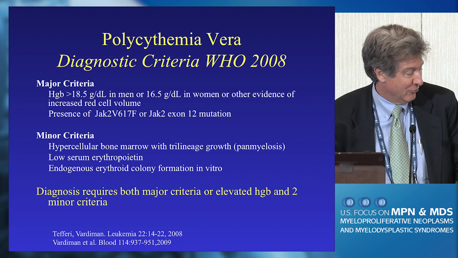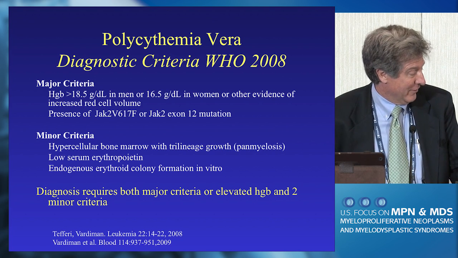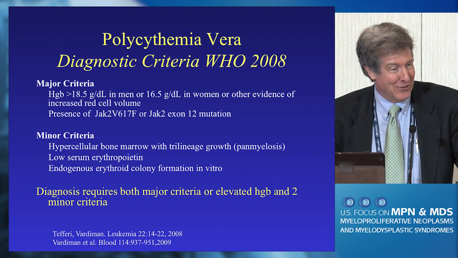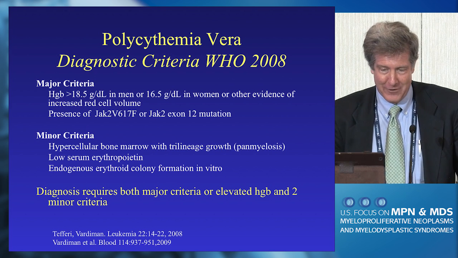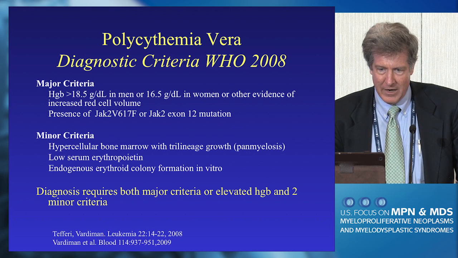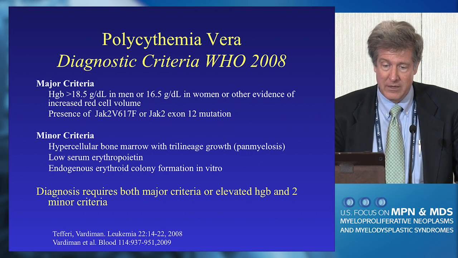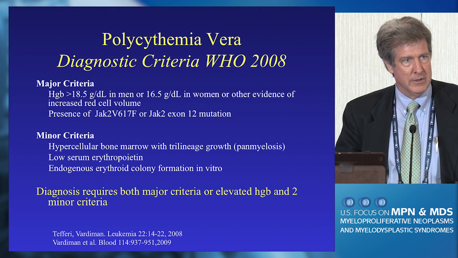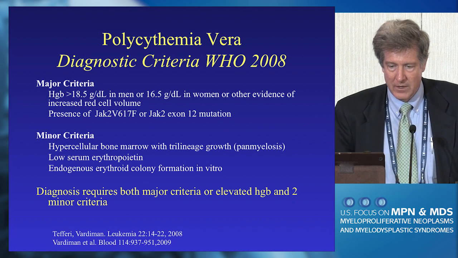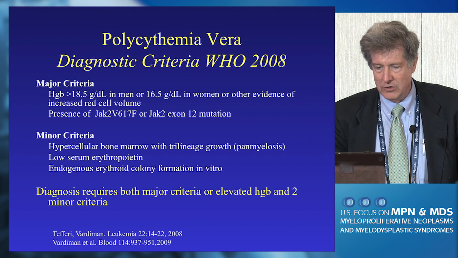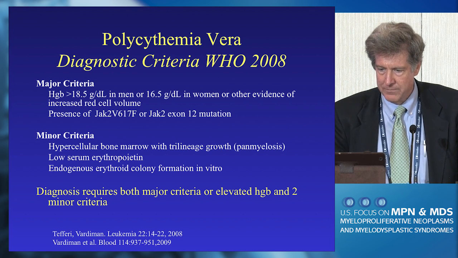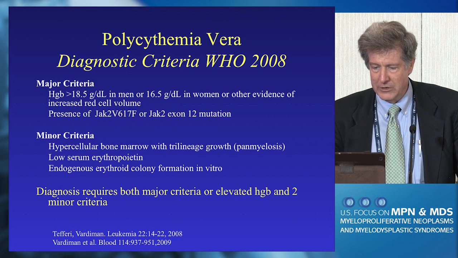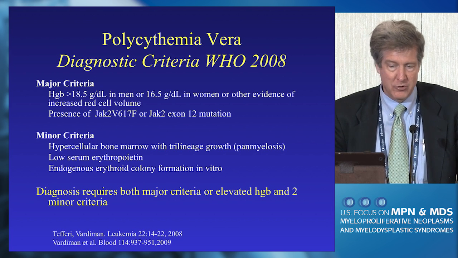And I know that Dr. Silver, I think, is one of the last proponents of red cell mass studies, but that's just another way to identify increased red cell volume, the presence of the JAK2 mutation, and then as minor criteria, hypercellular bone marrow with trilineage growth, which they're now really articulating as panmyelosis, low serum erythropoietin, and endogenous erythroid colony formation in vitro. And in order to make the diagnosis, you needed to have both major criteria or an elevated hemoglobin and 2 minor criteria.